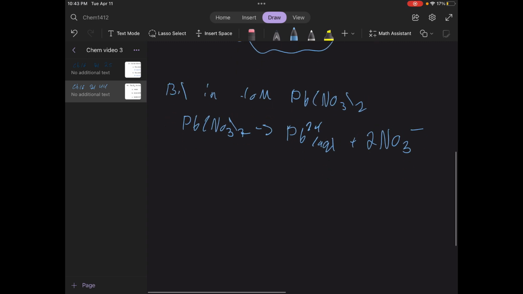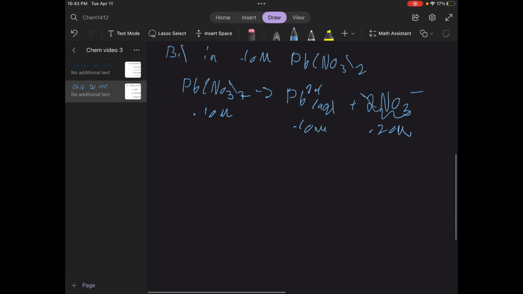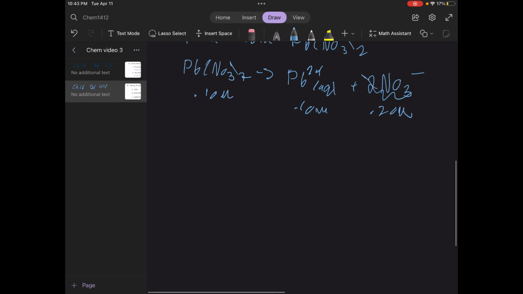Here, the Pb is going to be a 1-to-1 ratio, so 0.10, 0.10. And this one over here is going to be 0.20, but we're not going to really use this one over here. So we do our ICE chart again.